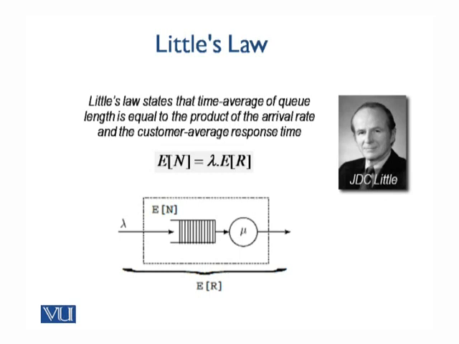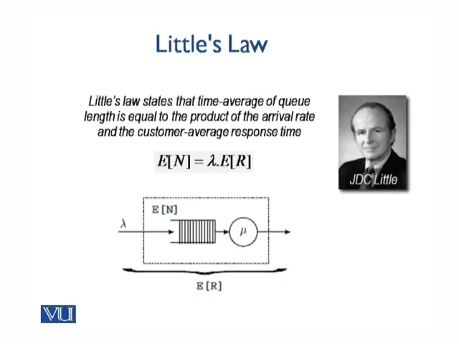We say that the expected value of N is directly proportional to the expected value of R. N here is the mean number of customers in the queue, and R here is the average response time. And they are related in the sense that E of N, the expected value of N, is equal to lambda multiplied by the expected value of R.